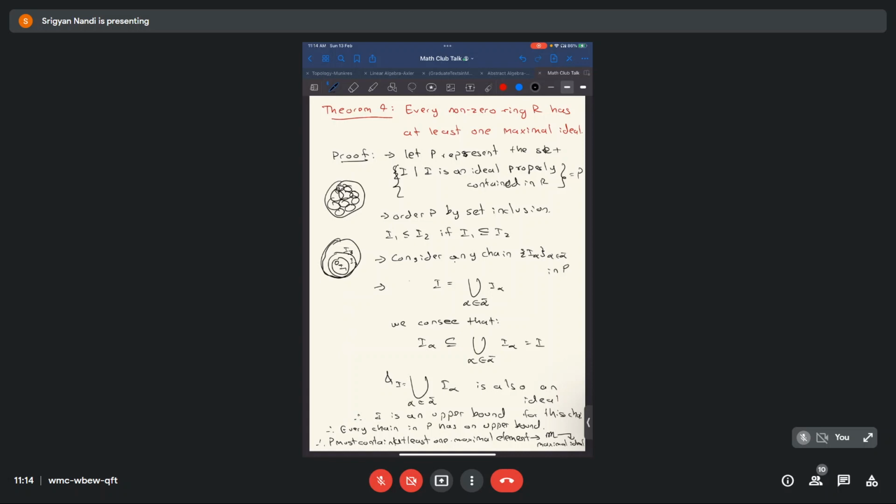So this is a very beautiful proof from Zorn's lemma, which again follows from the axiom of choice. And this guarantees that such maximal ideals, following the maximality property, do indeed exist for any ring R, and they're not specific only to certain rings R.